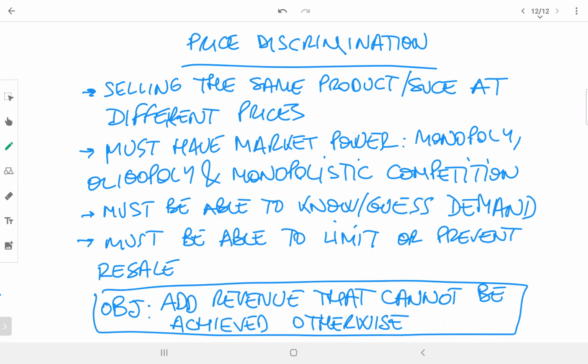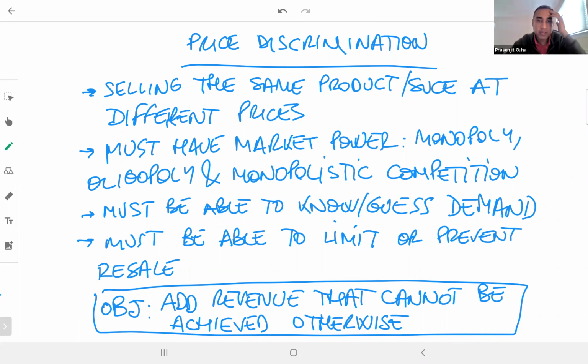And our objective is to add revenue that cannot be achieved otherwise. And we're going to start looking at first degree price discrimination. As long as you guys have copied that.